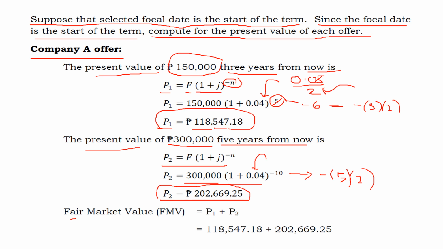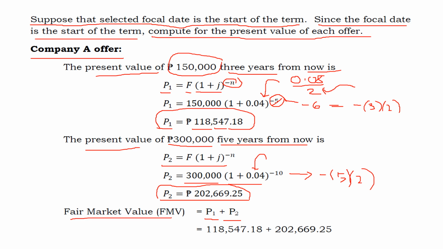So for the fair market value of this company A offer, that will be equal to P1 plus P2. Unlike sample number 1, where it's a down payment plus the present value, in this case there's no down payment at the start of the term. So we just simply add your P1 and P2, or the present value for 150,000 and 300,000, and that will be the fair market value aligned to the company A offer.